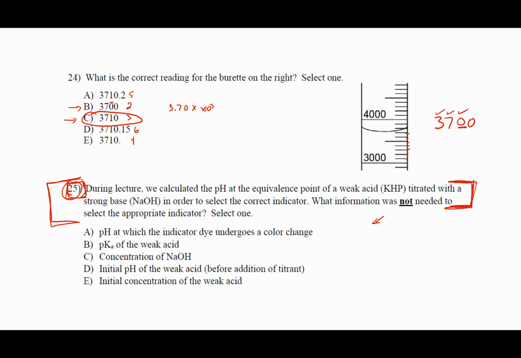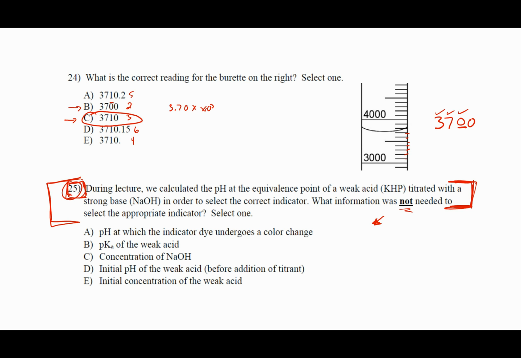I know a lot of you are watching it on podcast, and a lot of you don't like answering questions in class. I get it, but I still want some feedback, and the only way for me to get feedback is to sneakily put it on your exam, and then I can see how you're tracking in this experiment. Okay, so we calculate the pH of the equivalence point, weak KHP titrated with strong base, yay.